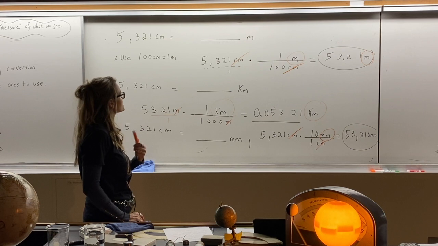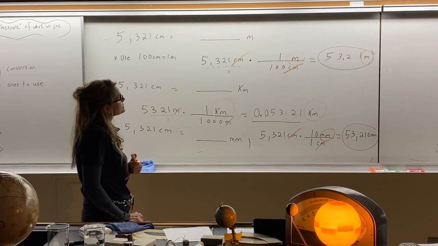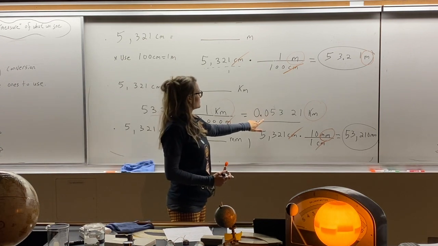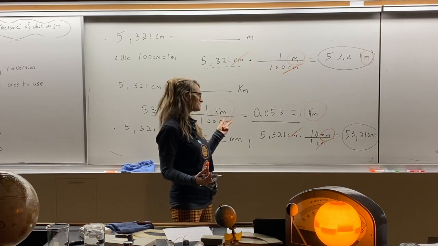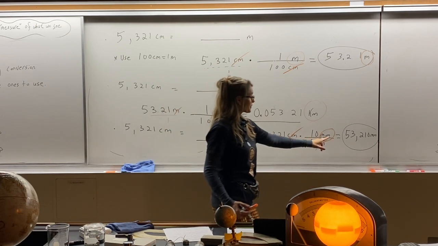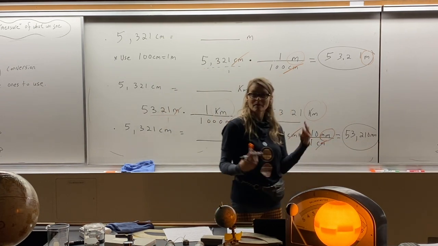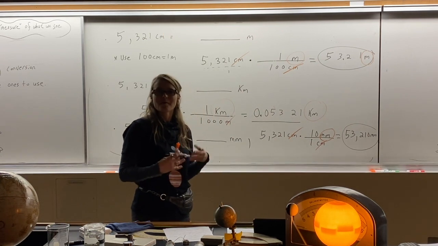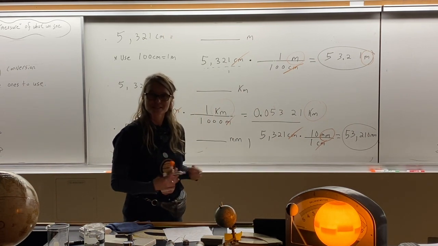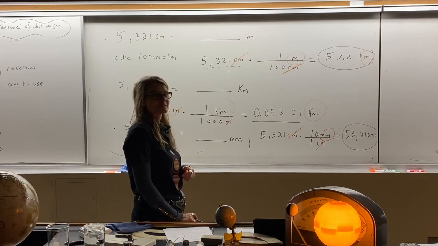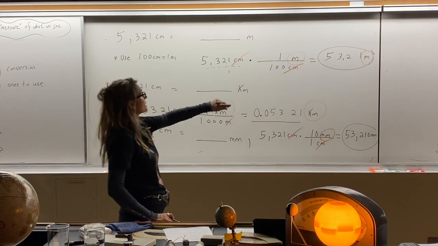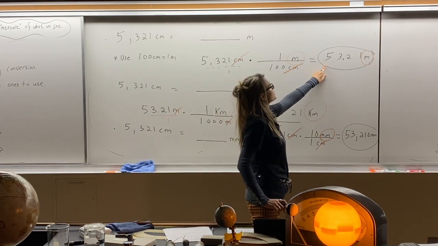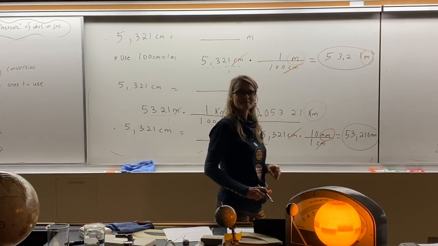I look at this and say, well, 53.21 meters, that's a good way of representing it. 0.05321 kilometers is a little rough. 53,210 millimeters, well, I'm adding more digits, and you tend to lose digits if you have many of them, so it's easier to stick with the simplest number. The best representation here would probably be 53.21 meters.